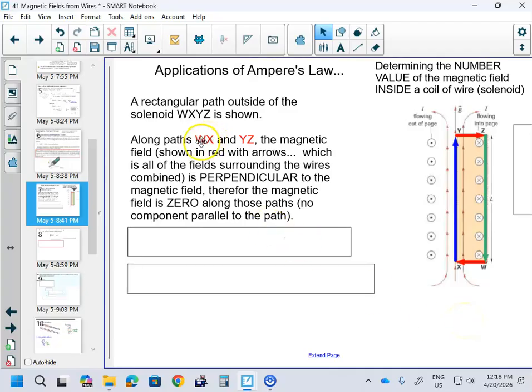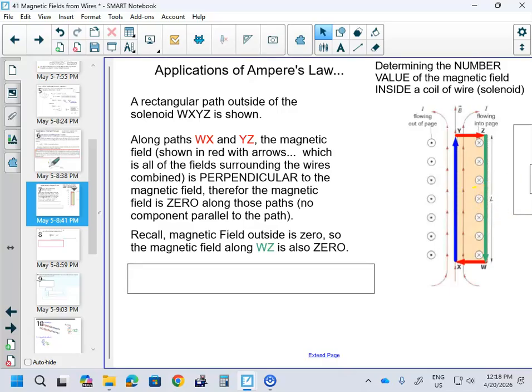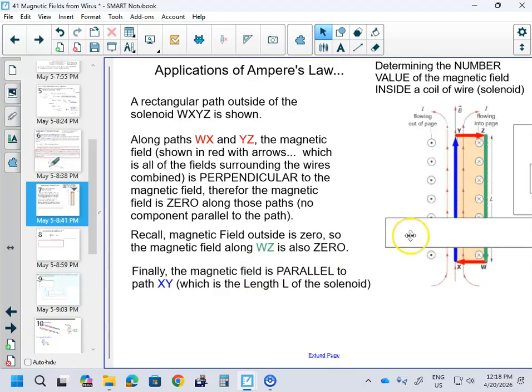Along paths WX and YZ, the magnetic field is perpendicular to the path, and therefore there's no component parallel to the path, so the contribution is zero along those paths. Recall the magnetic field outside is zero, so that path is going to be zero. And finally, the magnetic field inside along XZ is parallel to the path.